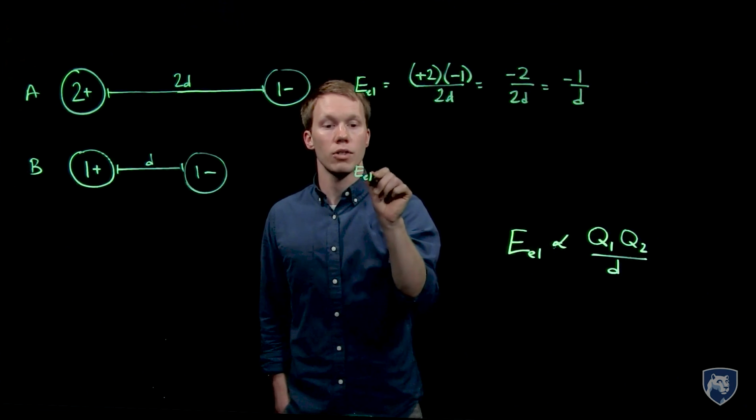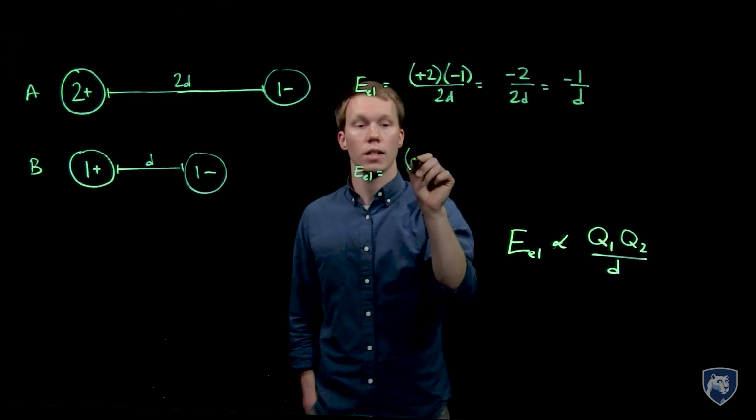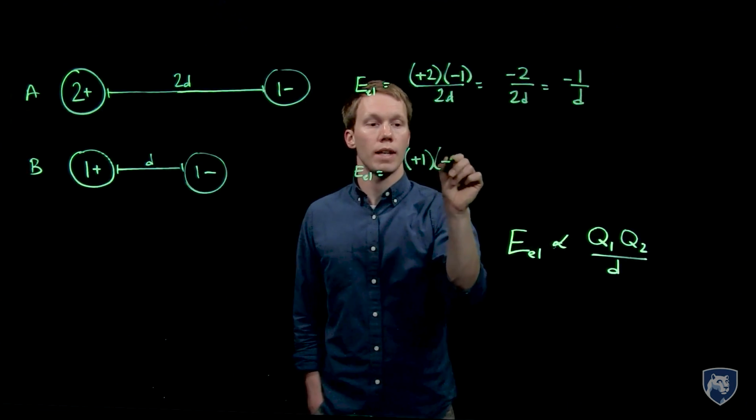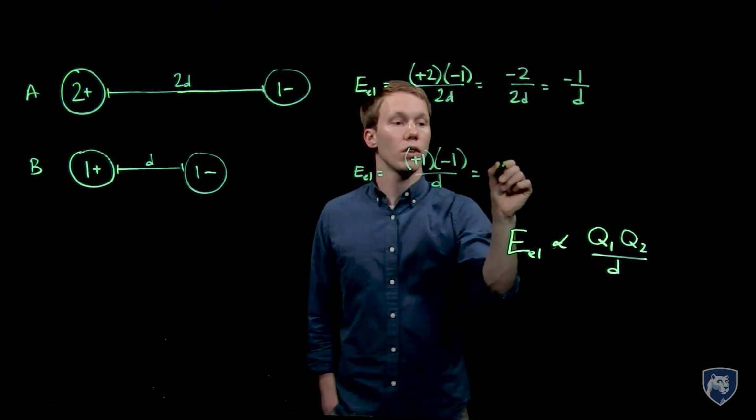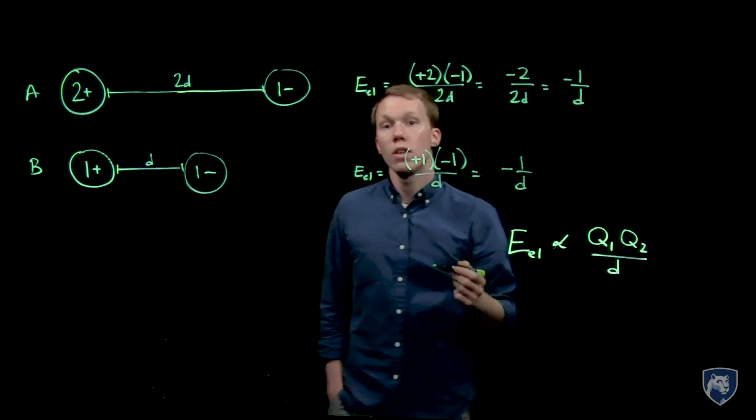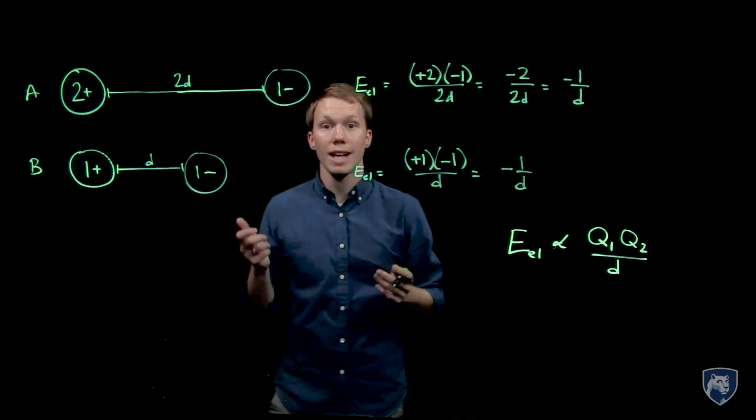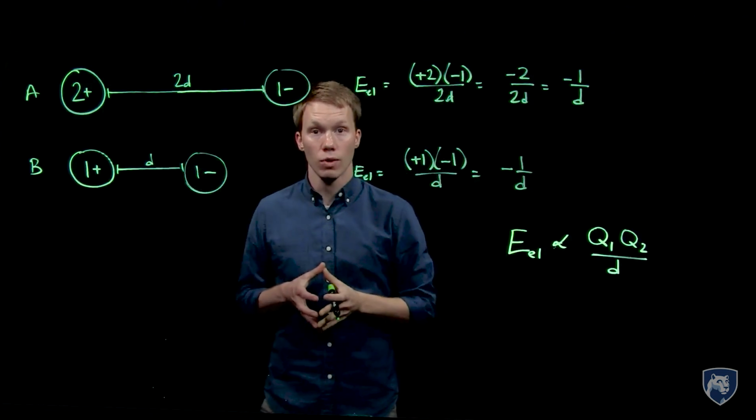And the electrostatic potential energy of my second system here, +1 times -1 over d, is also equal to -1 over d. So these two systems actually have the same electrostatic potential energy.